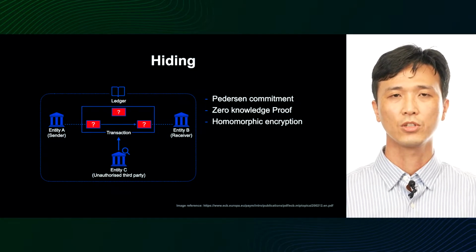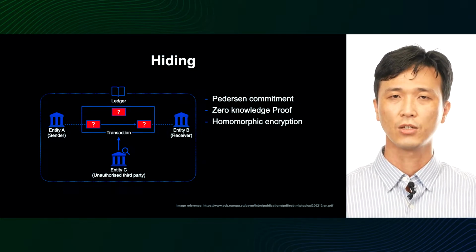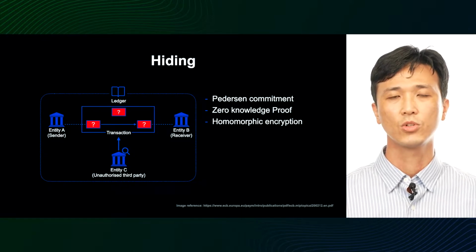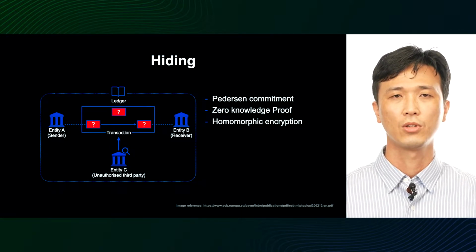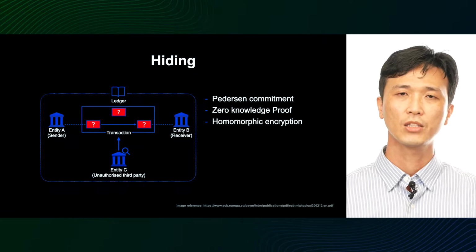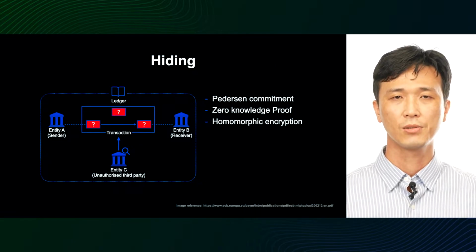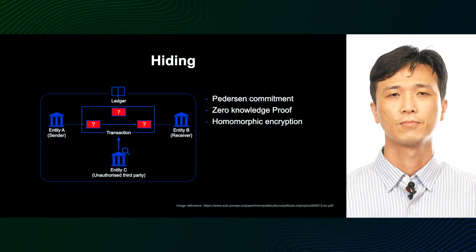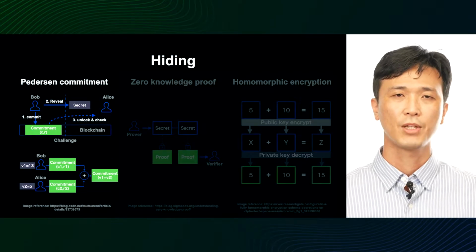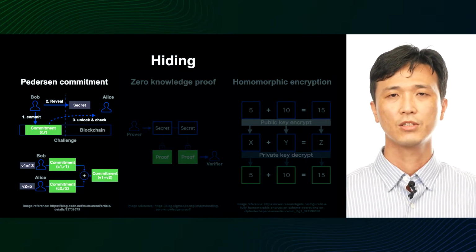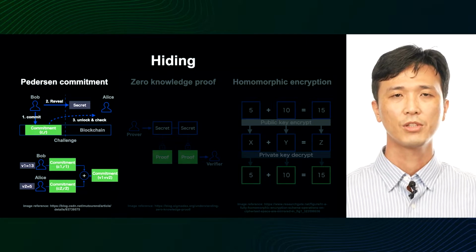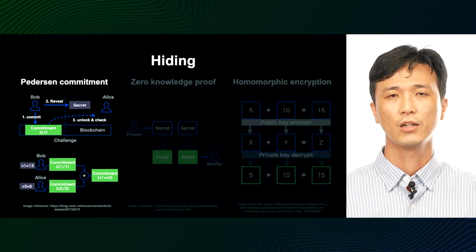Third is hiding. It hides some or all of the sender, receiver, or transaction amount in the transaction information. There are Pedersen commitment, zero knowledge proof, and homomorphic encryption. Pedersen commitment is a technique of commitment scheme.